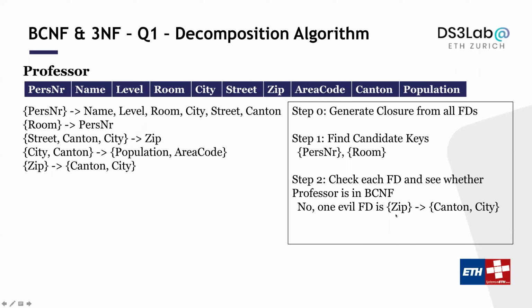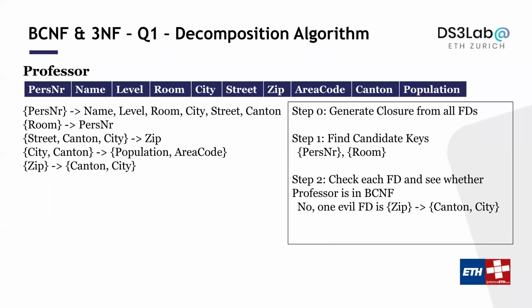For BCNF, you check 2 conditions. First, whether this functional dependency is trivial. In this case, it's not trivial, the right-hand side is not a subset of the left-hand side. And second, whether the left-hand side, the zip code, is a super key. In this case, your key is either personnel number or room. Zip is clearly not a superset of any of those.